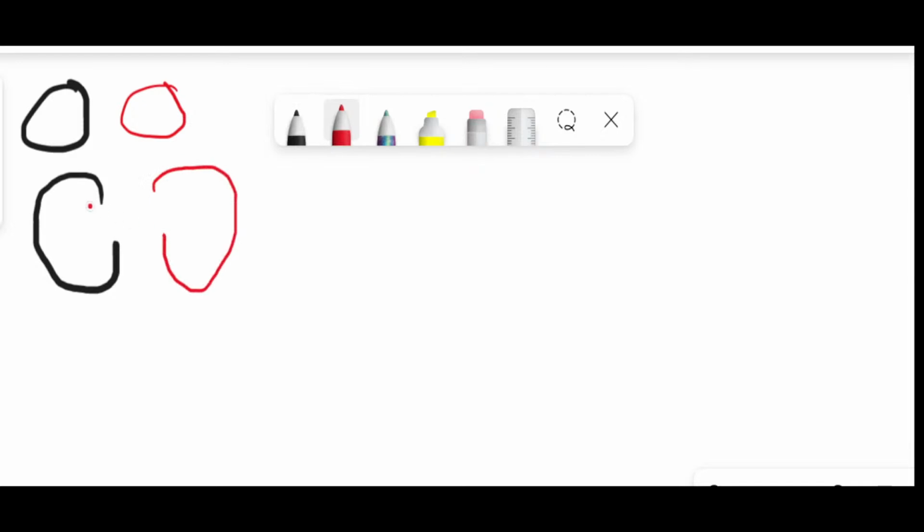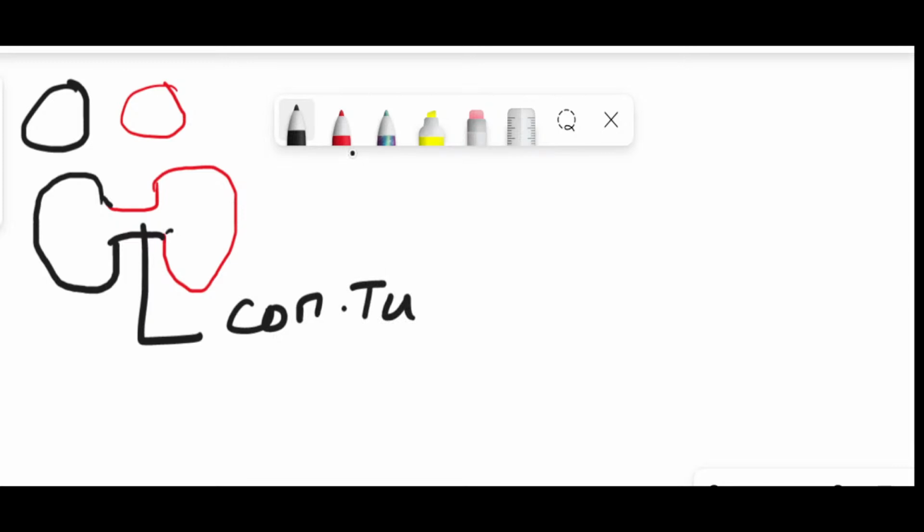Fusion எப்படி நடக்க போகுது அப்படின்னா through a tube which is formed. So conjugation tube வந்து it will form. This is called conjugation tube. So all the material which is present here is being transferred to this cell, and all the material which is here is being transferred to this cell.